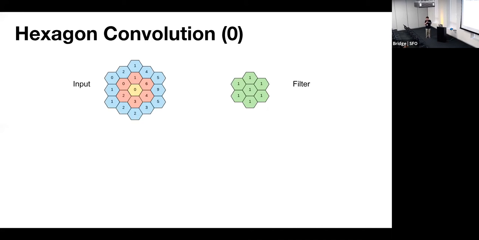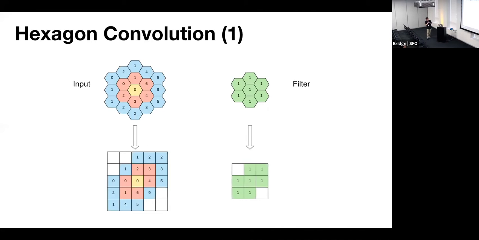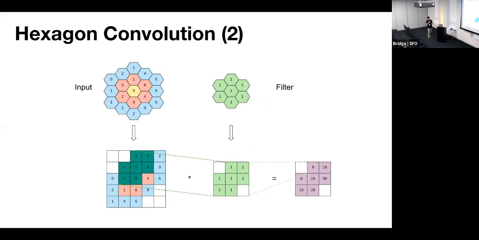After we have this axial coordinate, the next step is the transformation, to map to this grid matrix. After we have this square grid matrix, things become much easier. We can leverage all these available implementations, right? So we just run convolution on this square grid matrix. We get this convolved result.